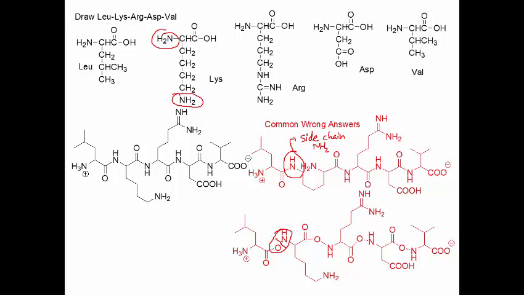The oxygen-nitrogen bond is really not all that strong, and it's likely that a compound that has multitudes of oxygen-nitrogen bonds like this would be a very unstable structure. Okay, all right, so don't make these mistakes if you see a question like this on an exam. Remember that even if there's two amine groups or two carboxylic acid groups, we always use the alpha amine group or the carboxylic acid that has an alpha amine group as part of our continuing peptide chain.